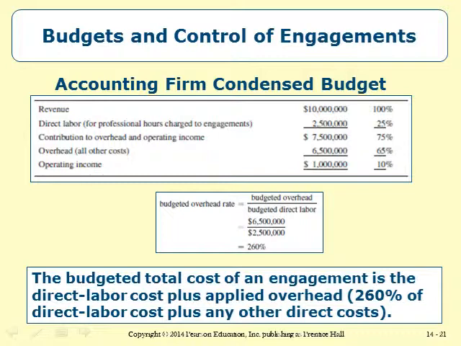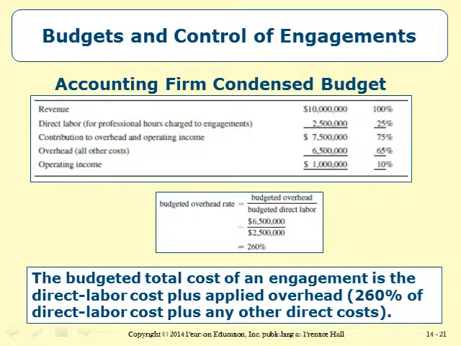This is often actually referred to as an effective labor multiplier. So it says for every dollar of cost, what's the multiplier I have to apply to that and charge my customer, reflected in the price that I charge, in order to get back my direct costs plus the indirect loadings. And in this case, it would be 260%.